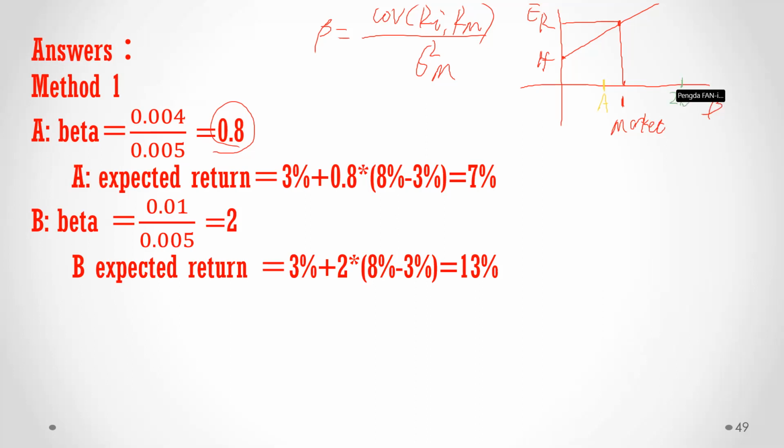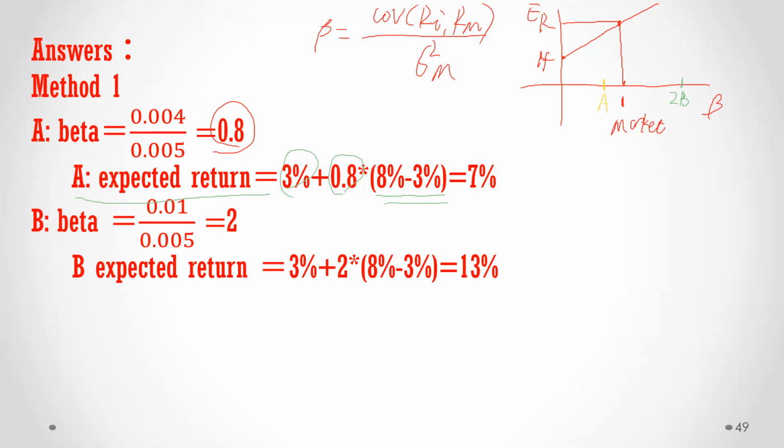Based on the betas, we can calculate the expected return for A, which is the risk-free interest rate plus the risk premium. The risk premium of A depends on two factors. One is the risk measure, beta 0.8, and the other is the price of beta, the price of systematic risk, as we discussed, where 1 unit of beta equals the market risk premium, which is 8% minus 3%, 5%.